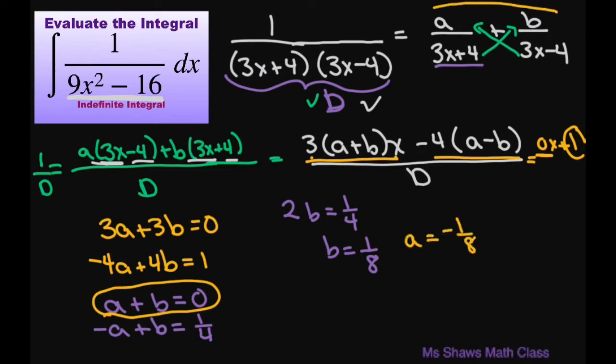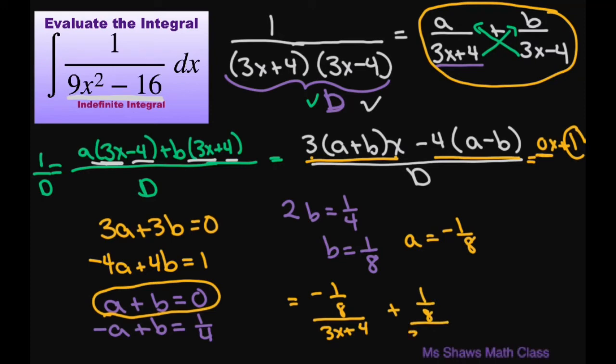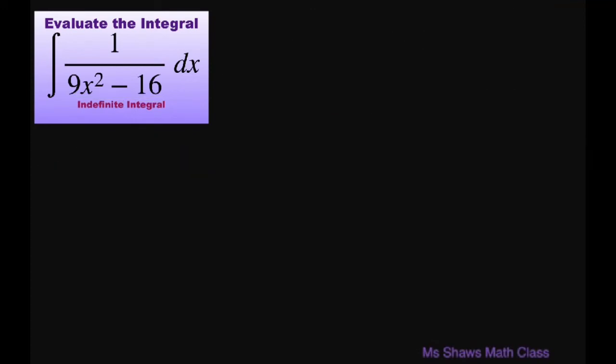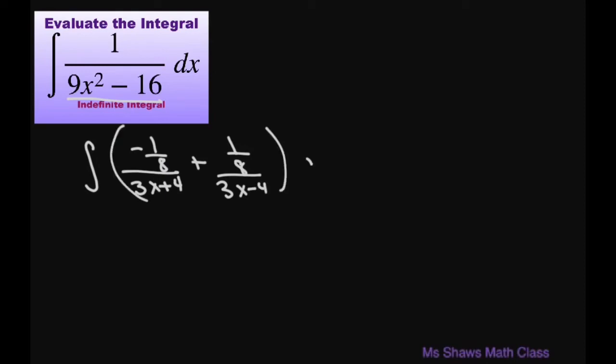So now going back to here, I'm going to substitute in my A and B. So this is going to equal negative 1/8 divided by 3x plus 4 plus 1/8 divided by 3x minus 4. Now let's go ahead and integrate this now that we rewrote it after we decomposed it. So this is going to give you the integral of negative 1/8 divided by 3x plus 4 plus 1/8 divided by 3x minus 4 dx.